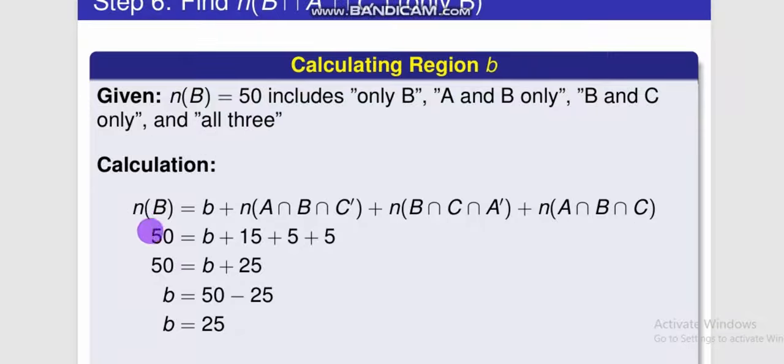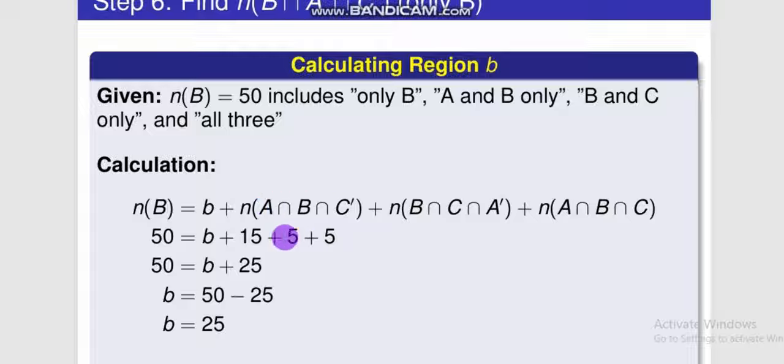So n(B) is equal to B only, which I don't know, plus A and B without C, plus B and C without A, plus all three.